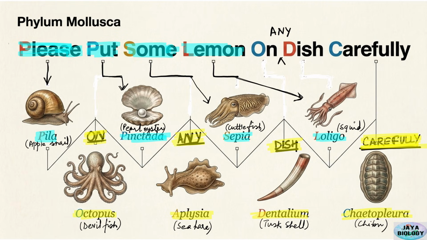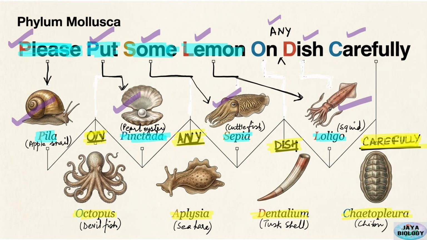The learning tip is: please put some lemon on any dish carefully. The first four, please Miss Pila, put Pinctada, also known as pearl oyster, some Sepia, cuttlefish, lemon, Loligo, squid. I've highlighted this way.